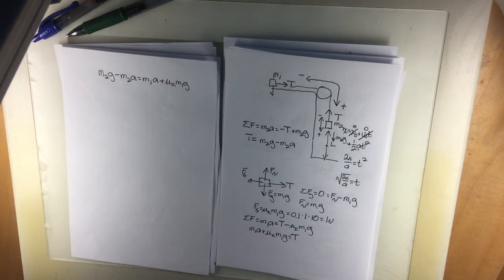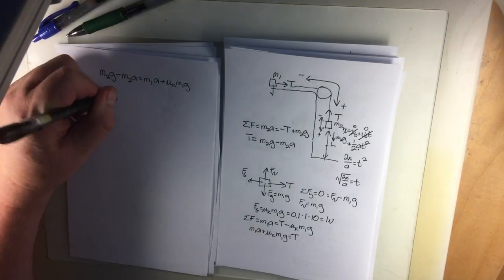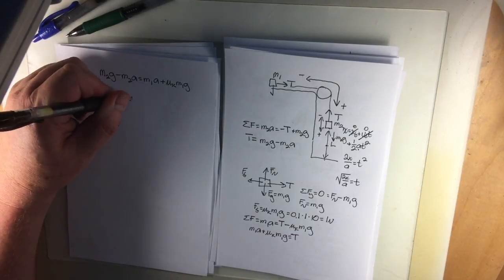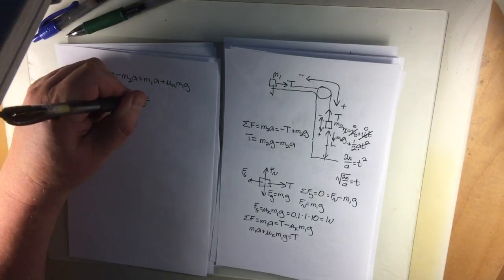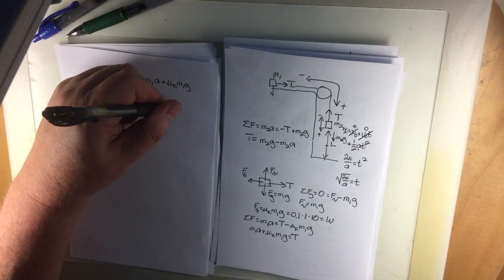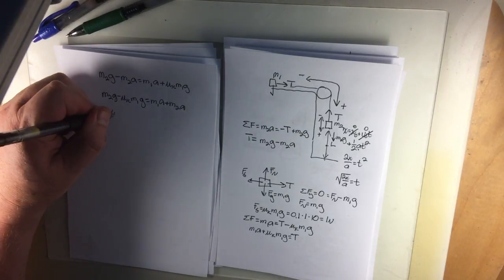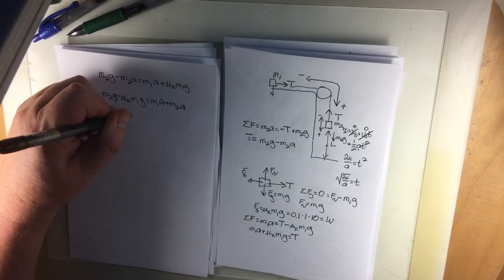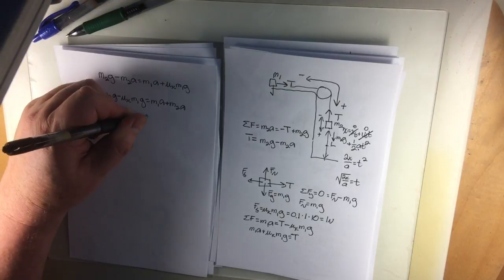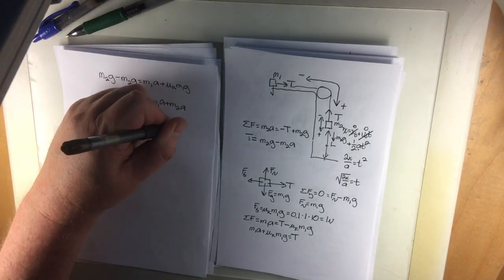And then what we do is we solve for A. M2G minus mu sub K M1G equals M1A plus M2A. Factor out G's and A's. G times M2 minus mu sub K M1 equals A times M1 plus M2.